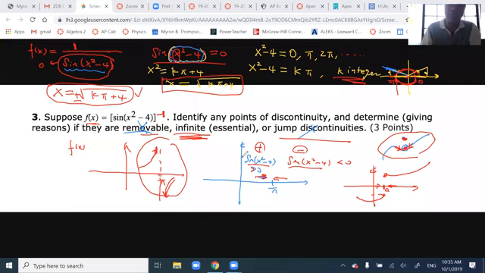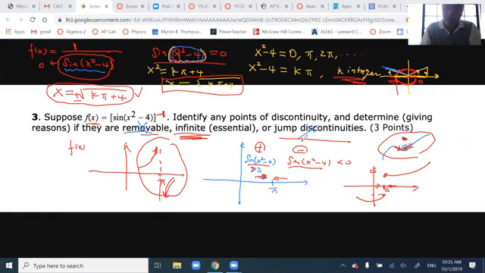That's called removable. And infinity is just like this. From the left side approaching this value of x, the function goes to positive infinity, and on the other side approaching the same value, the function goes to negative infinity. That's called infinite discontinuity.